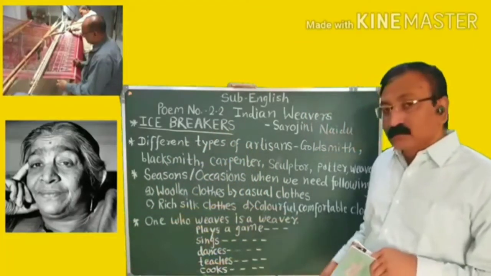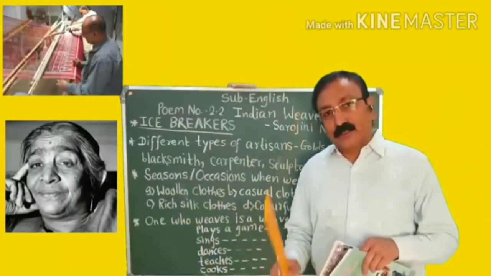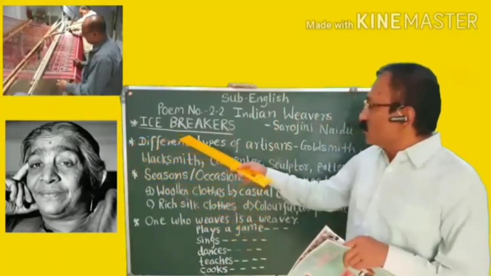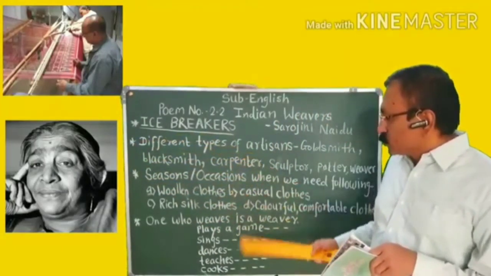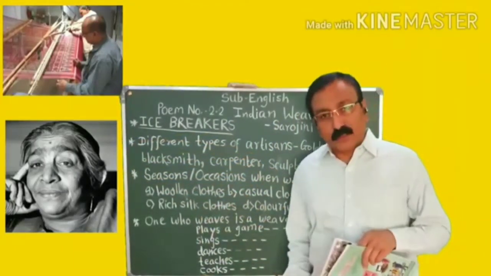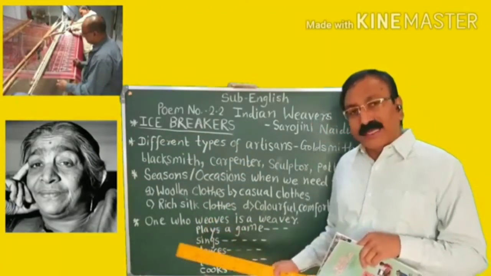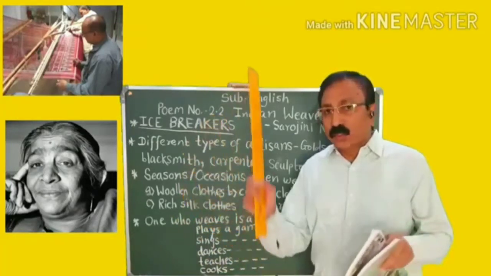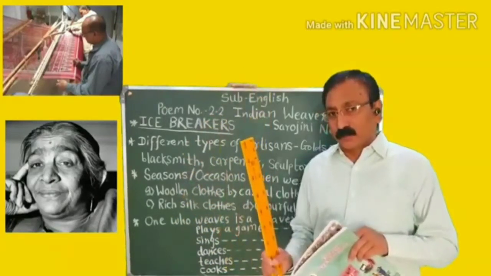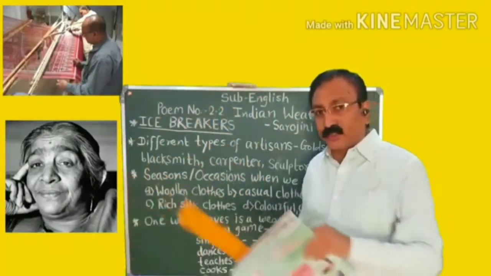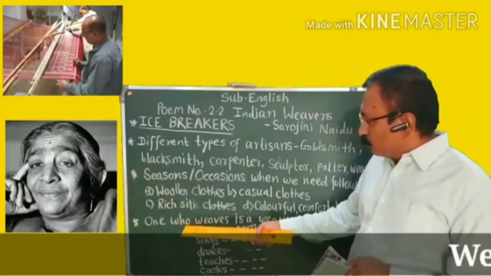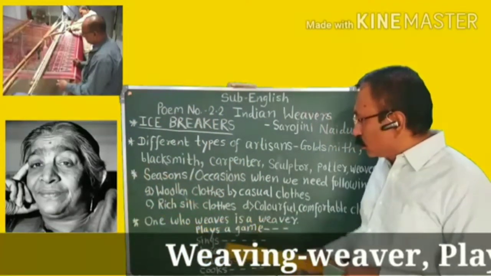Now let us come to the third activity that is given in the icebreaker section. There are some actions given and we are supposed to name the person who does that particular action. For example, one example is given there in the textbook.